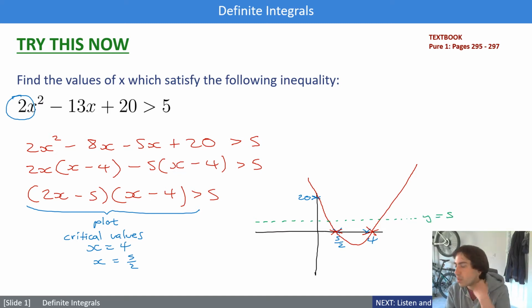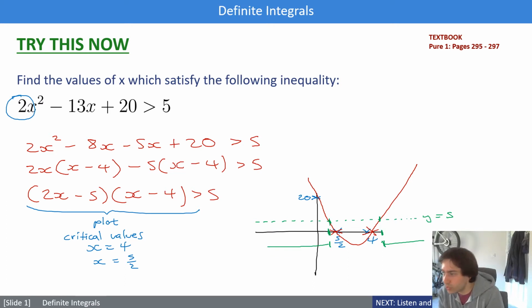Okay, so we've got effectively two values on the x-axis, one there and one there. We want all the values that are to the right here, and we want all the values that are to the left here.